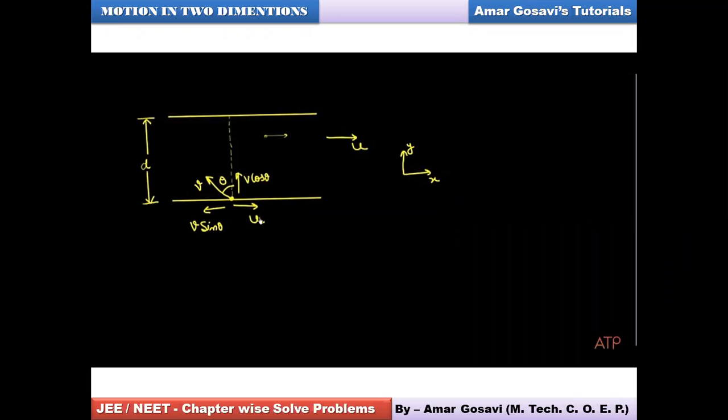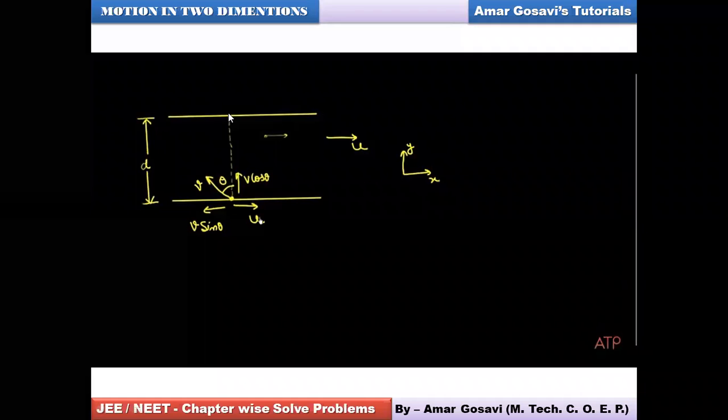Here you can see, again we are going to use trigonometry. We will consider this direction as positive x and this direction as y. The swimmer is moving with the speed v. The distance between the two banks of the river is d, and obviously if the swimmer swims vertically, because of the speed of the river u, he won't reach the exact opposite point on the bank.